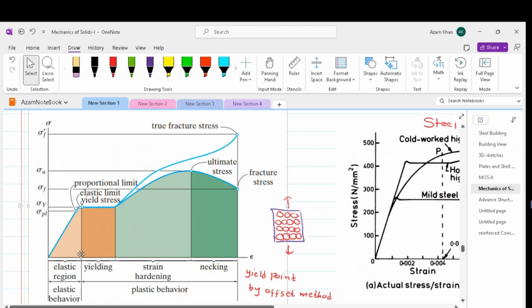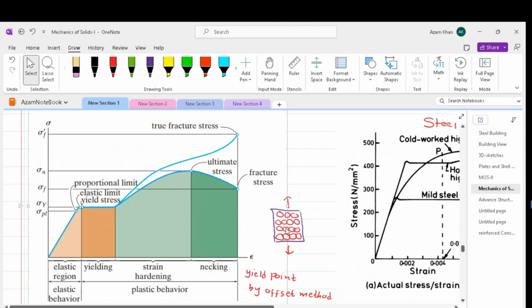This behavior will continue until a point that these molecules will get locked again and start taking the load. In the yielding region, we say that the material has become plastic because it starts flowing like plastic. After the yield point, we have got another region which is called strain hardening region.